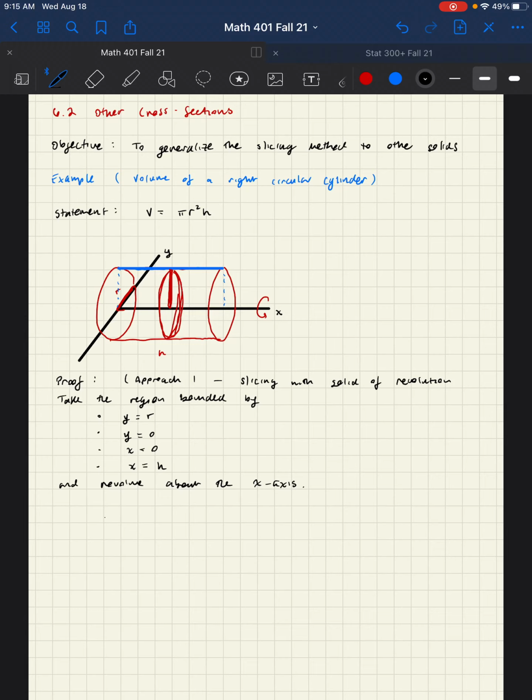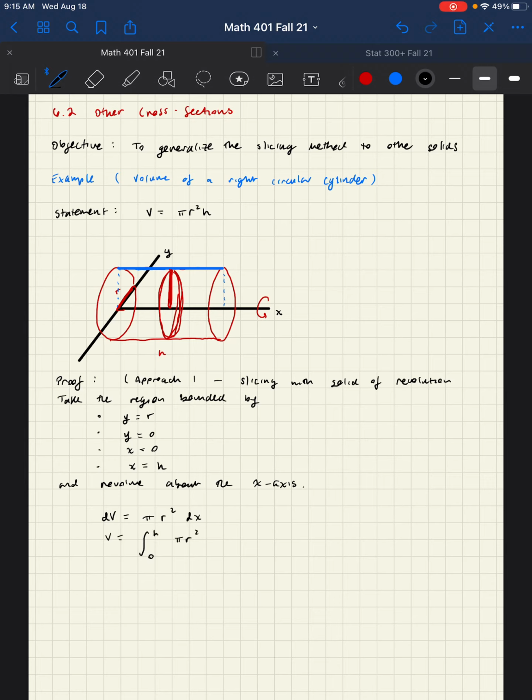In other words, the infinitesimal volume is going to be pi r squared dx, which isn't surprising.